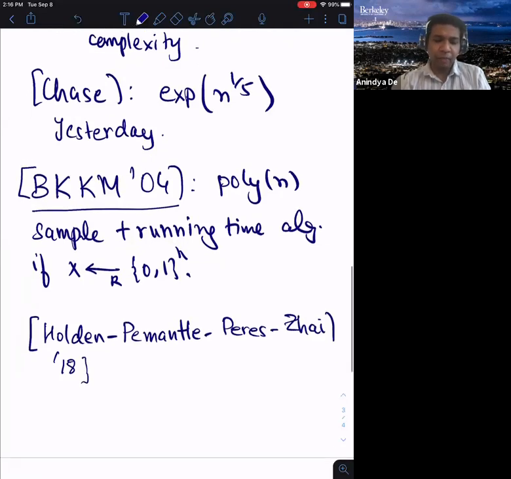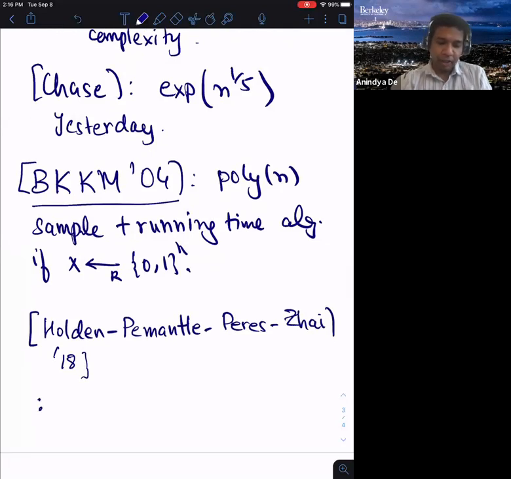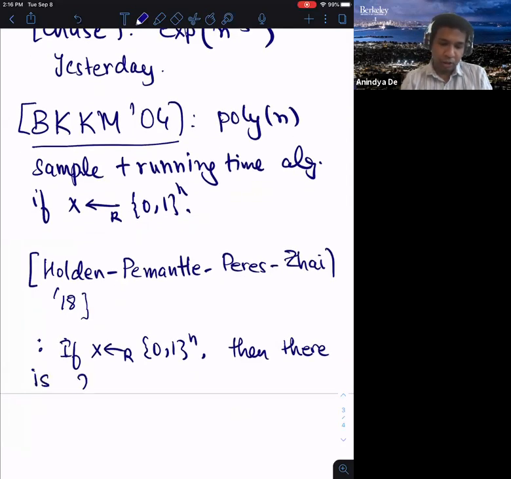In 2018, they obtained that if X is chosen uniformly at random, then there is an algorithm using 2 to the cube root of log n samples plus linear time, so order n time.